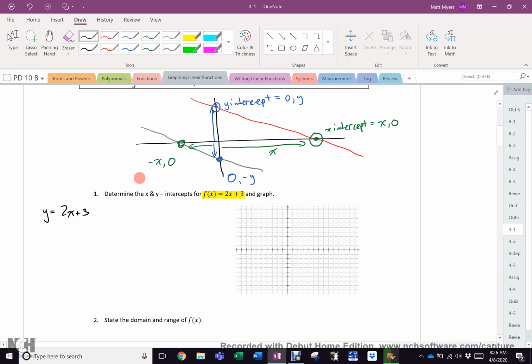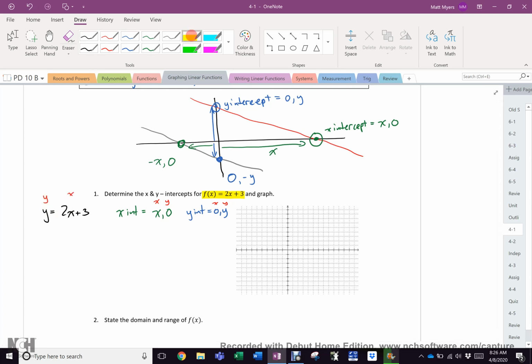An x-intercept, which I've been writing in green, is always x comma 0. And a y-intercept is always 0 comma y. Now, you're smart kids. Whenever you see this written this way, that's the x, that's the y. That's the x, that's the y. What do you see right here? That's the x, that's the y.